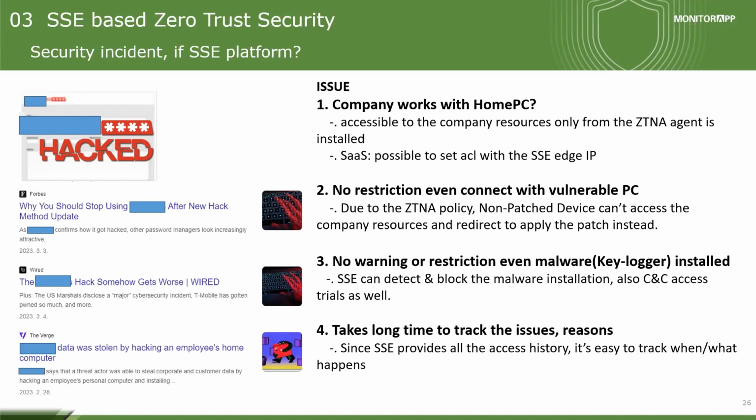And number four, it takes a long time to track the issue and reason. As I mentioned, the SSE provides a very interesting function to keep all of the access history. So even if there was no warning or notification, it's possible to track and search what kind of issue happened.